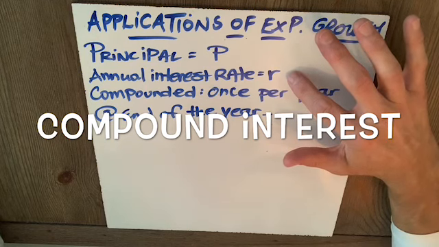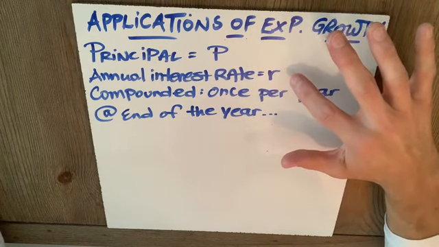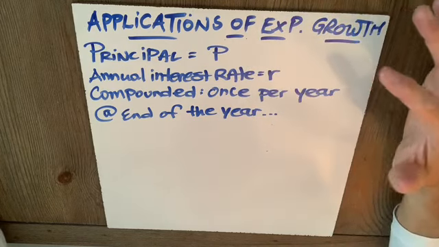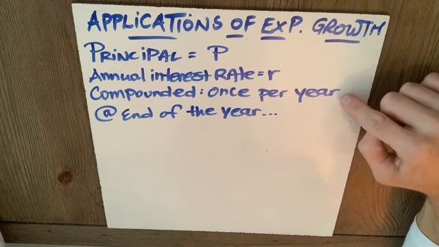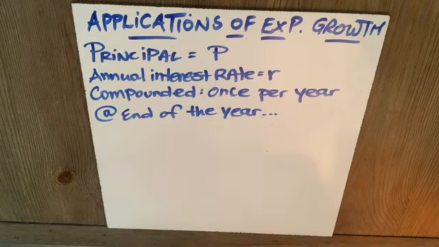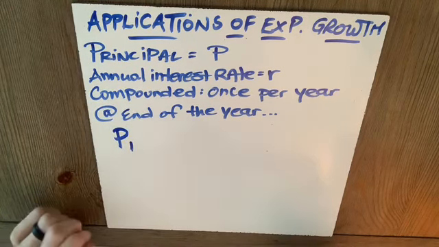end of 1 year, they'll take $100 and multiply it by 0.05 to give you what? $105. So you have gained $5 for allowing the bank to use your money for 1 year. That's if you're compounding it once per year. So at the end of the year, we'll call this P1 for the end of 1 year.